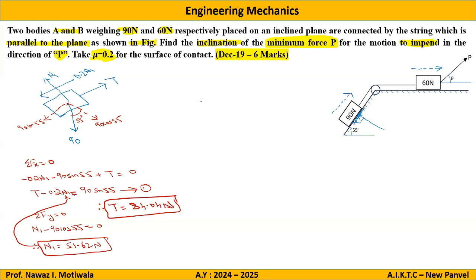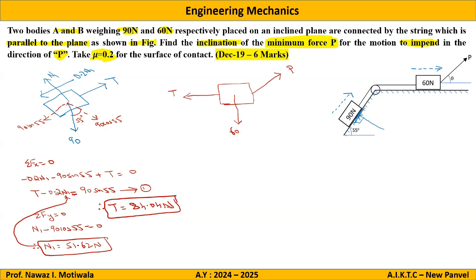Now, let us go for the second free body diagram. So I will isolate the body from all the surfaces. Then the first force is the applied force, which is already given to us as P. Then we have tension in the cable away from the body, T. Then self weight will be shown vertically downwards as 60.